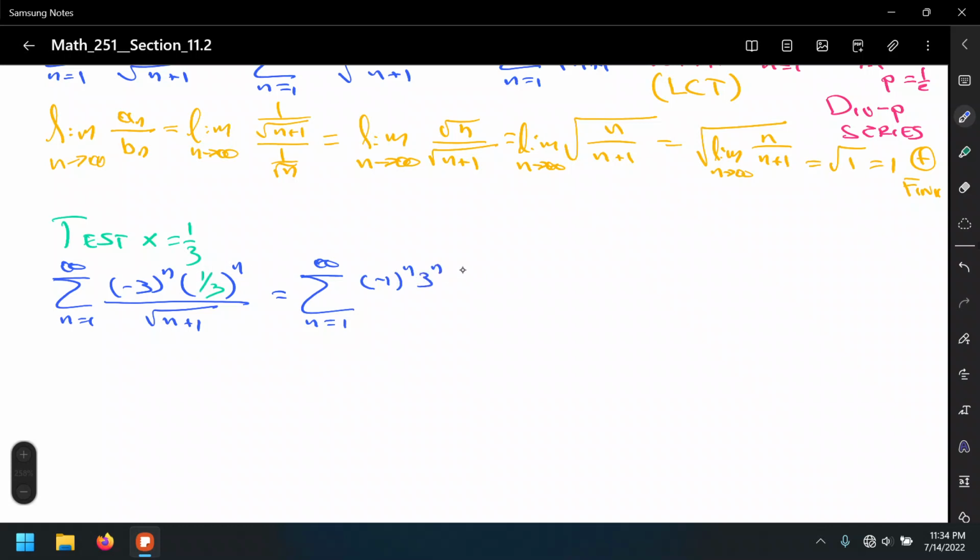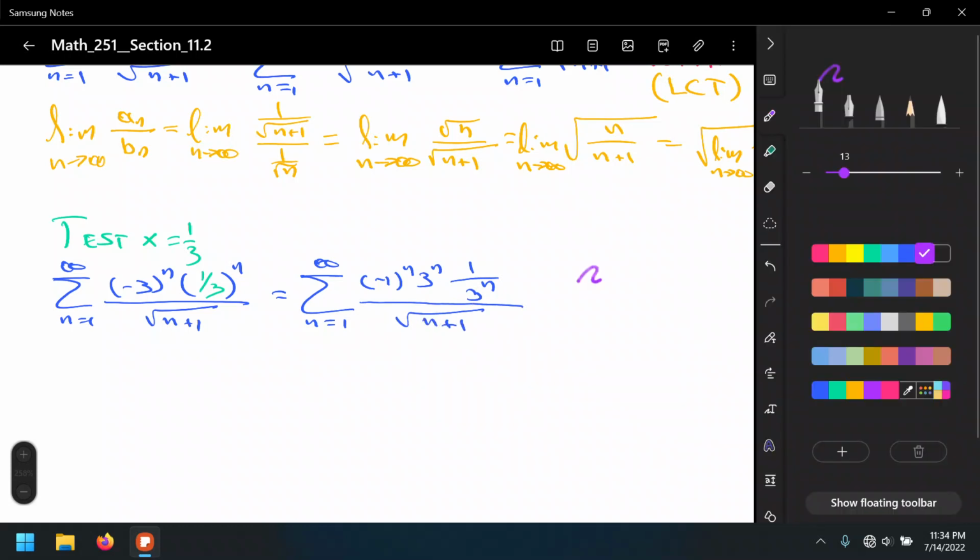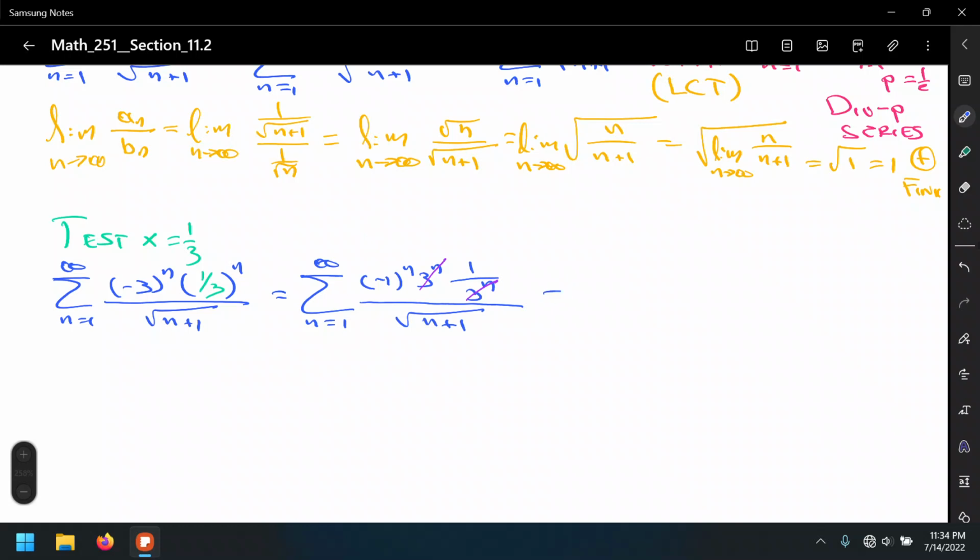And this is 1 to the n, which is just 1, times 3 to the n over the square root of n plus 1. And in this case, the 3 to the n cancel, and we will be left with an alternating series, in fact, which is great.